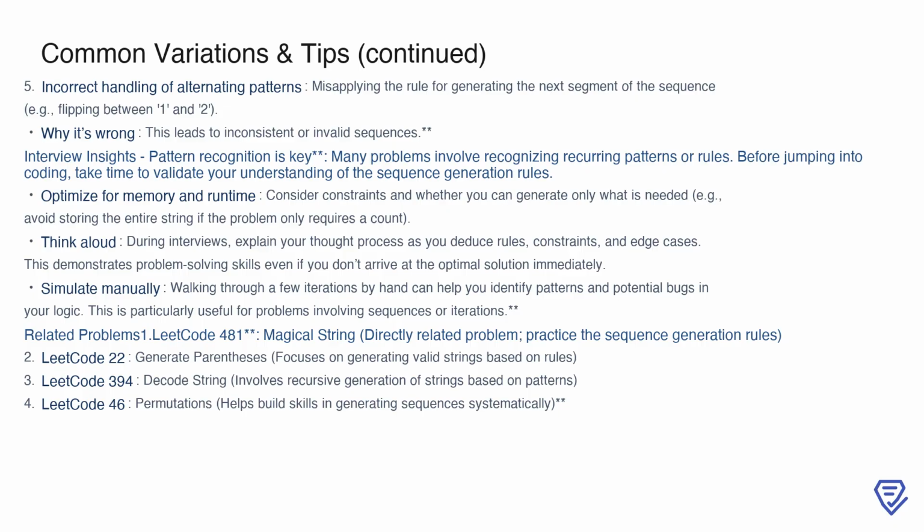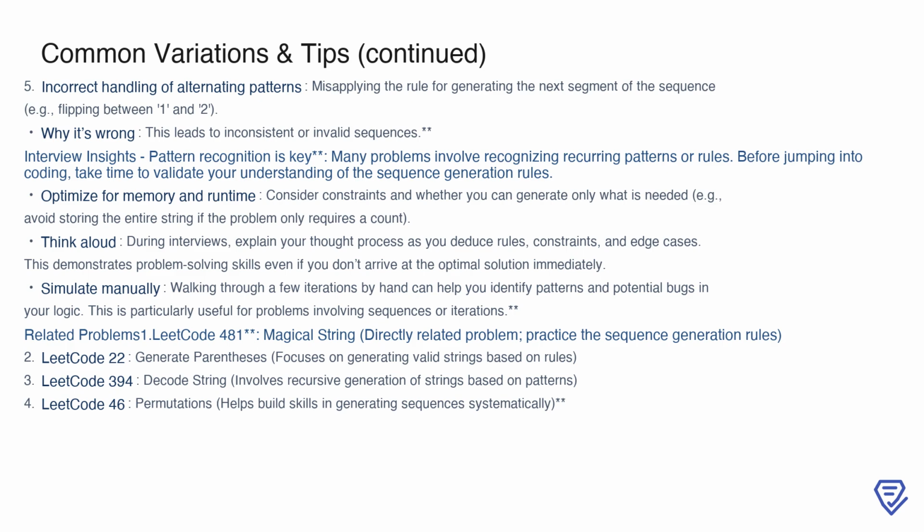Recognizing patterns is key in solving problems like this. Before writing any code, take a moment to validate your understanding of the rules. Additionally, focus on optimizing both memory and runtime. For example, if the problem only asks for the count of a certain character, there's no need to generate the entire string. Instead, aim to produce just what's required. In interview settings, thinking aloud is invaluable.